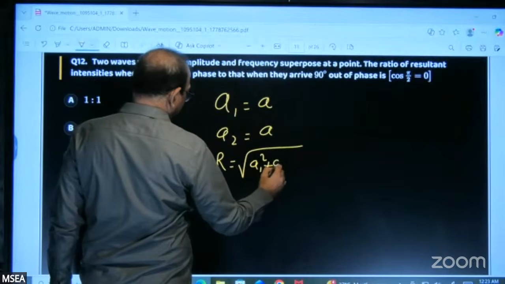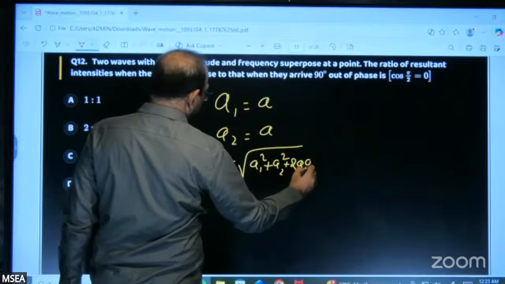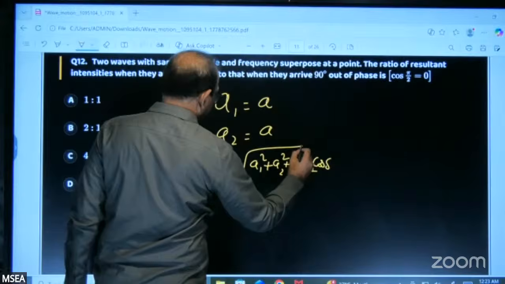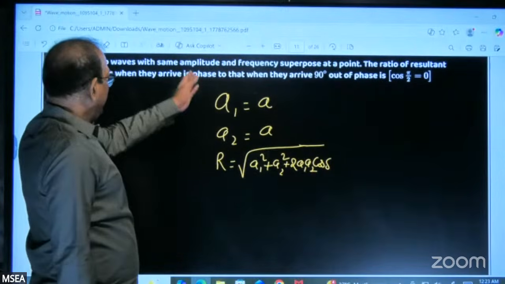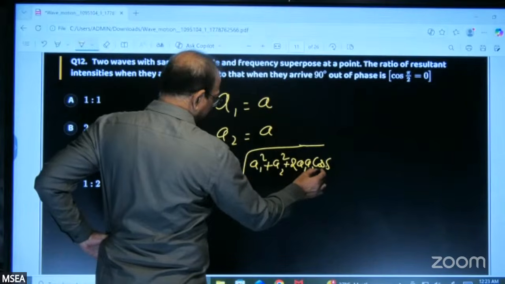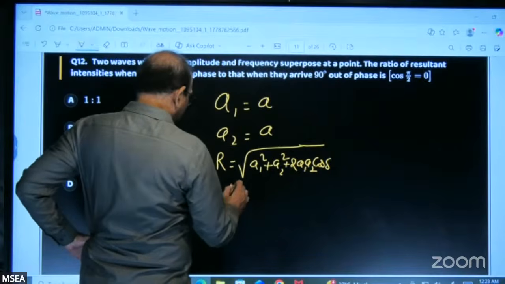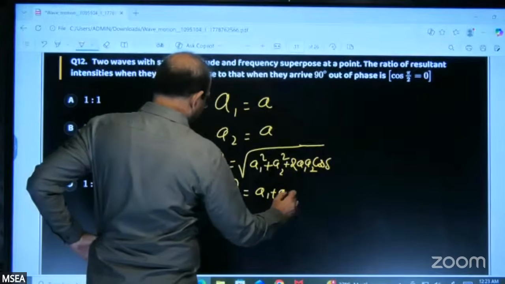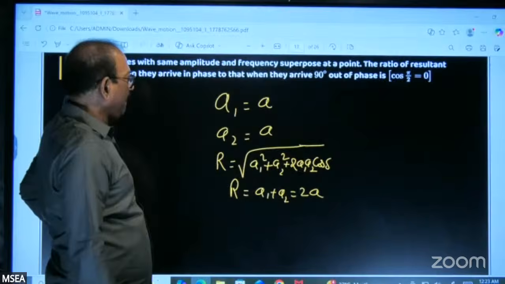R equals root of A1 square plus A2 square plus 2A1A2 cos delta, where delta is the phase difference. If they interfere in the same phase, the phase difference is 0, cos 0 is 1, then the resultant amplitude becomes A1 plus A2, that is A plus A, 2A.